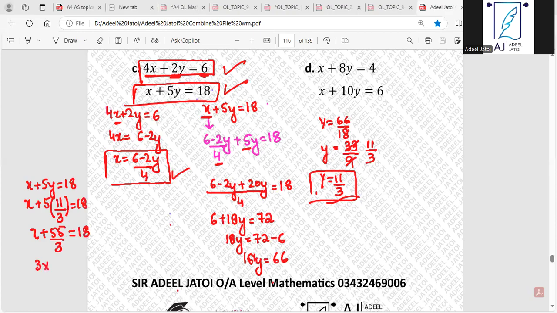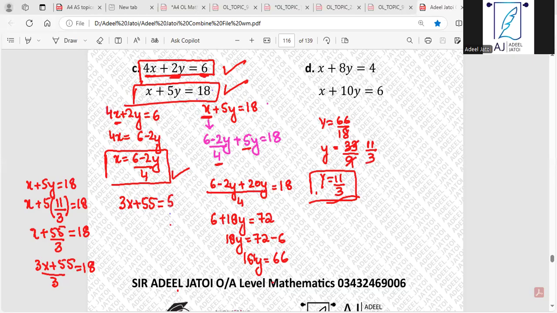This will be 3x plus 55 upon 3 equal to 18. 18 3s are 54. So 3x plus 55 equal to 54.